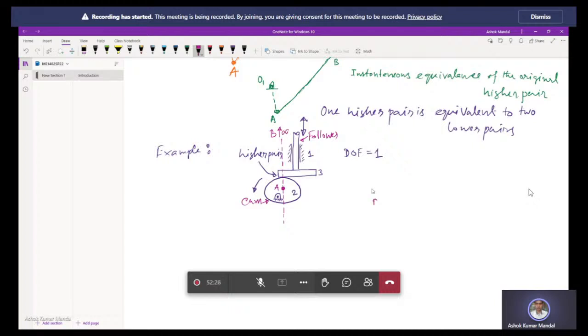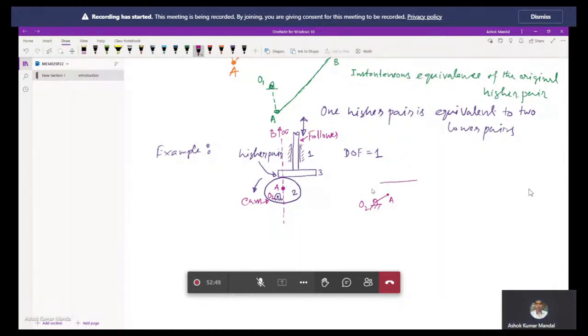So we draw here this O2 point, and from O2 to point A we have one link.